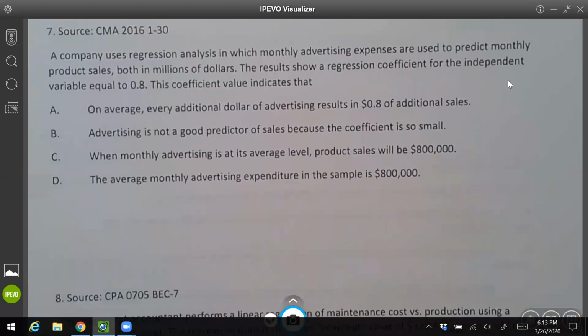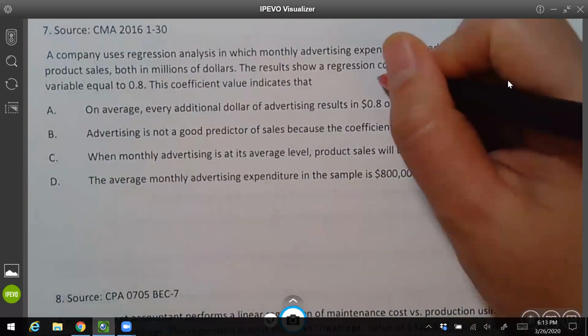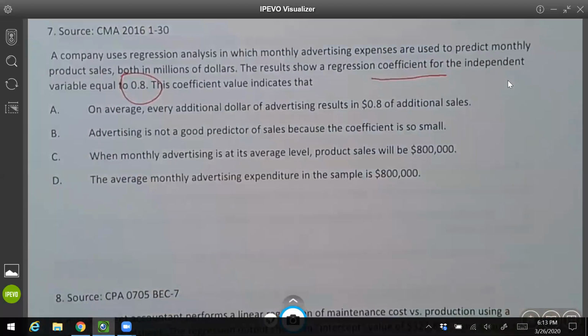Question 7, a CMA question, says your regression coefficient equals 0.8. How do we interpret that? It means a 1 unit change of x will cause the predicted y to increase by 0.8.